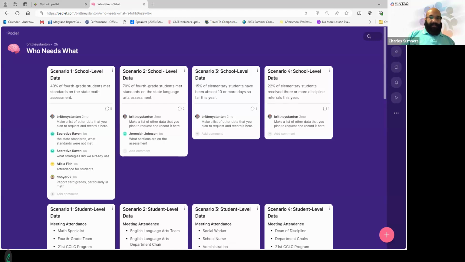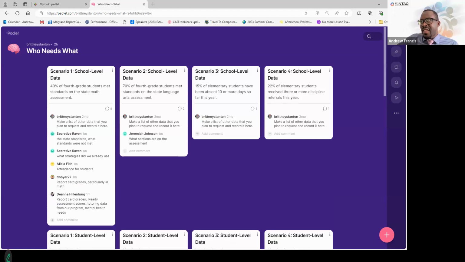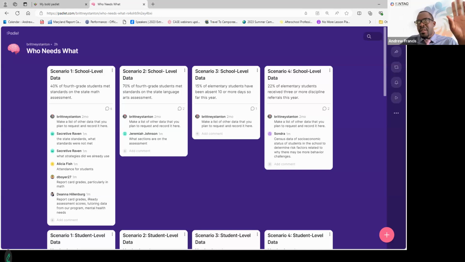Some good stuff coming in. And as folks are sharing, I see report cards, grades, iReady assessment scores, tutoring data from our program, mental health needs as well. We see here people are zoning in on state standards as well. What standards were not met?